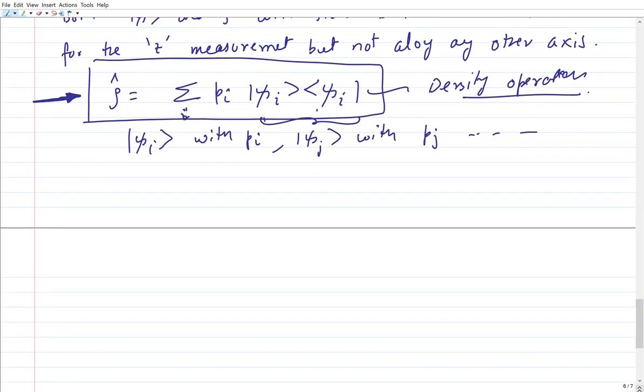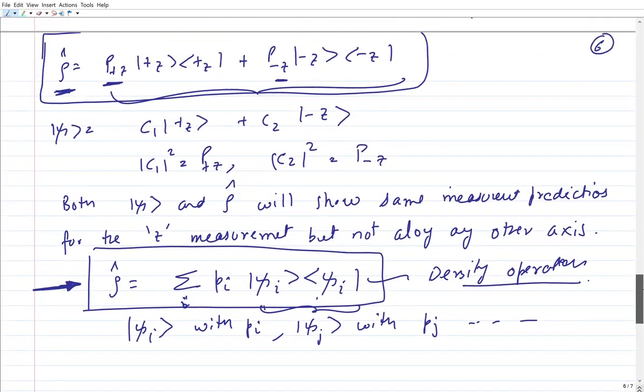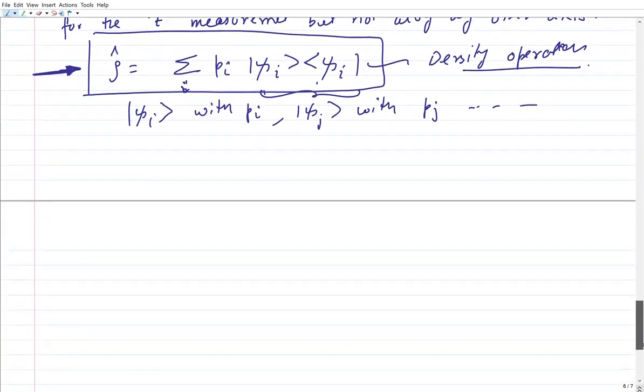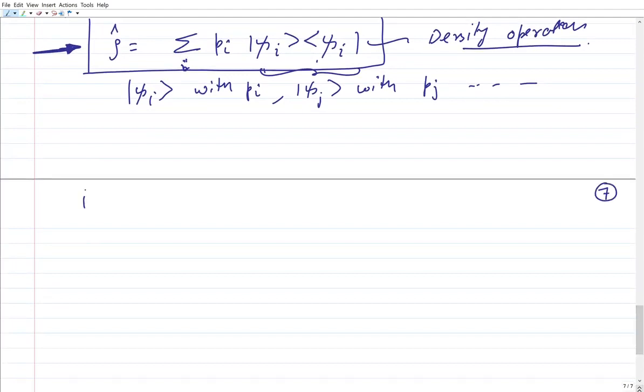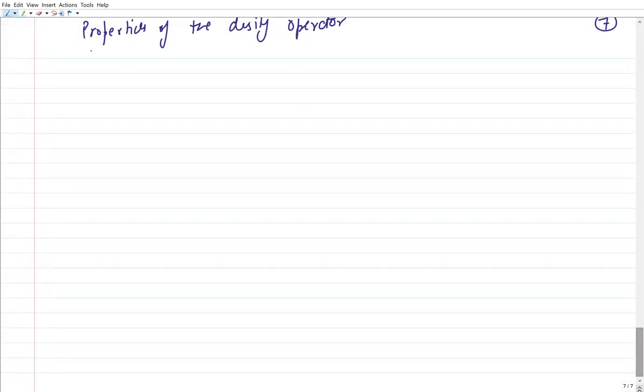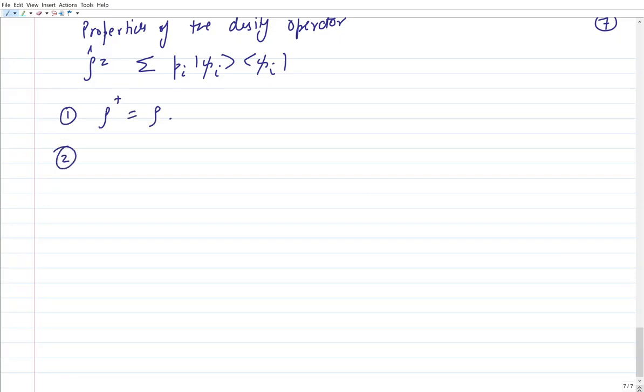So what are the properties of the density operator? Well, it's Hermitian. You can check all these properties. It's nice to prove these properties. It's a positive operator.